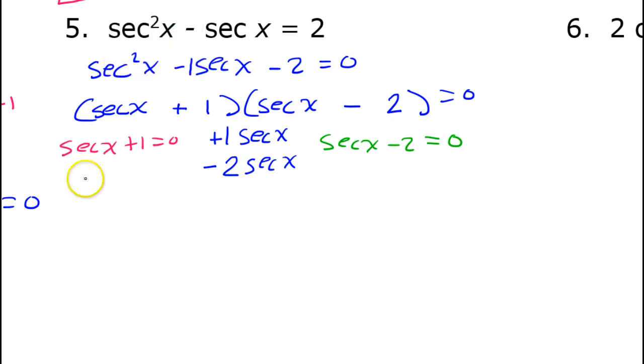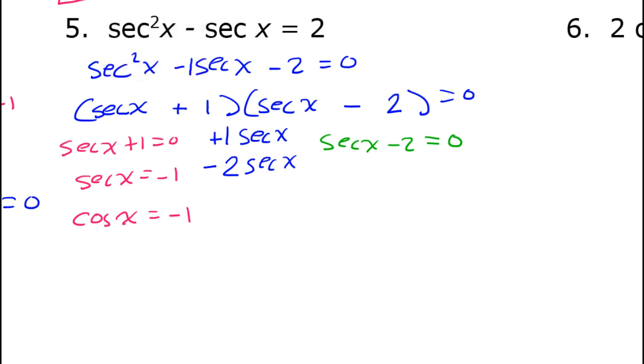So here I will have secant x is equal to -1. Now I'm more comfortable with the reciprocal trig function. Secant is the reciprocal of cosine. So if I take the reciprocal of both sides of the equation, I'm going to get cosine x is equal to -1. The reciprocal of -1 is still -1.